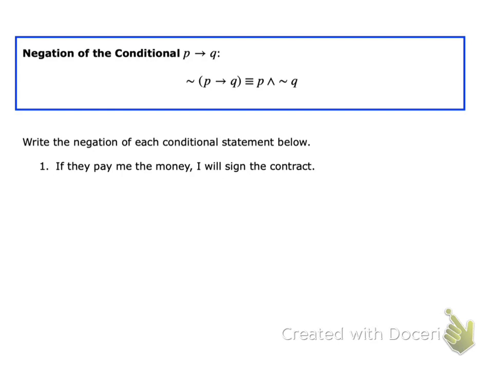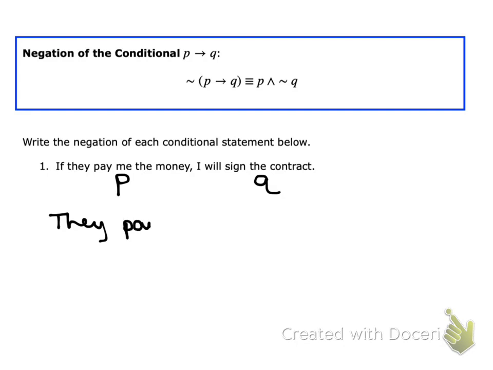Okay, write the negation of each conditional statement below. So we have if P, then Q. If they pay me the money, I will sign the contract. This is our P, this is our Q. If we want to do the negation of this, the opposite of this, what we're going to write is P and not Q. So we're going to say they pay, and we can kind of change that tense.